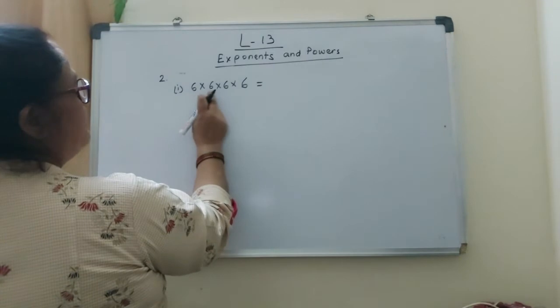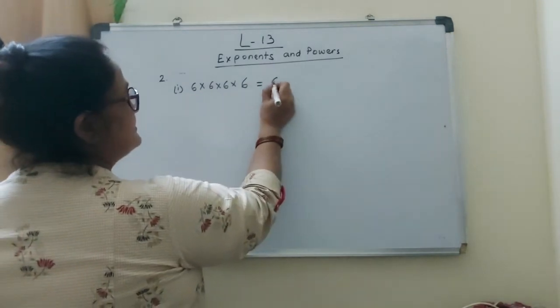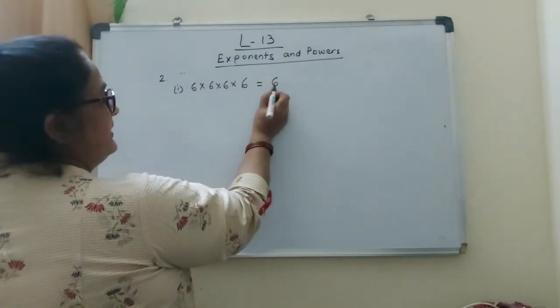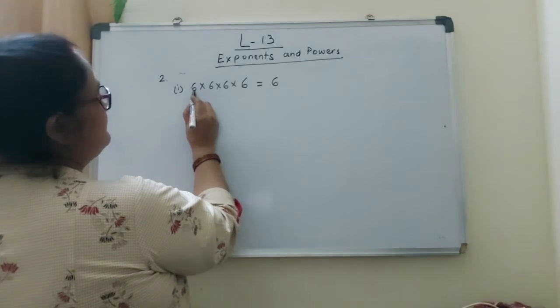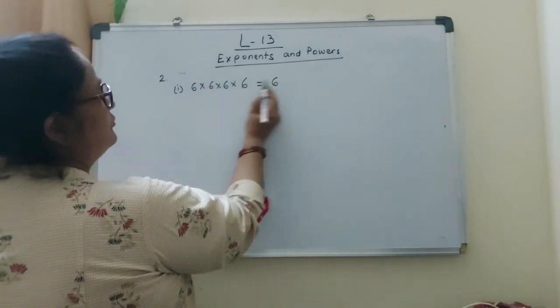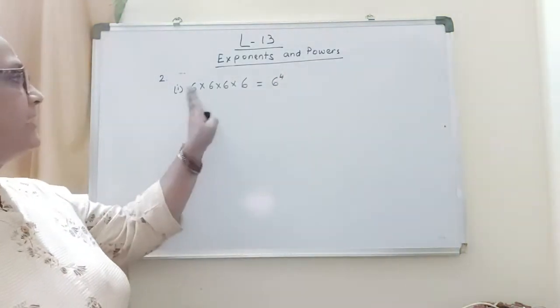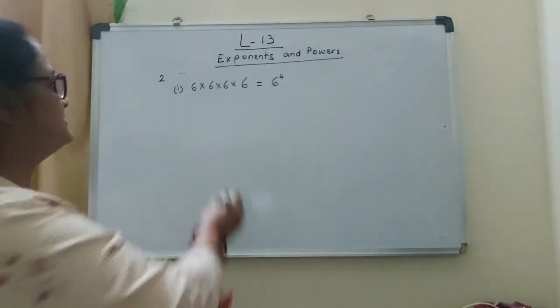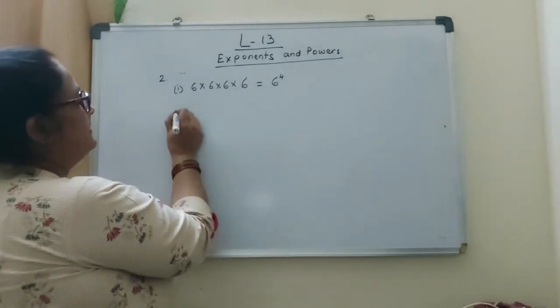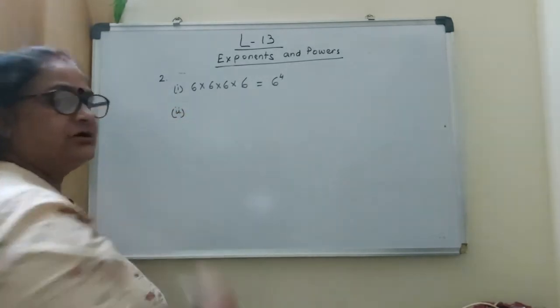Now the number being multiplied is 6, and that becomes the base. How many times is it multiplied? 1, 2, 3, 4 times. So 6 raised to the power of 4 will be the answer. You are going to write it in this manner only. Leave a line, then go on to sum number 2.